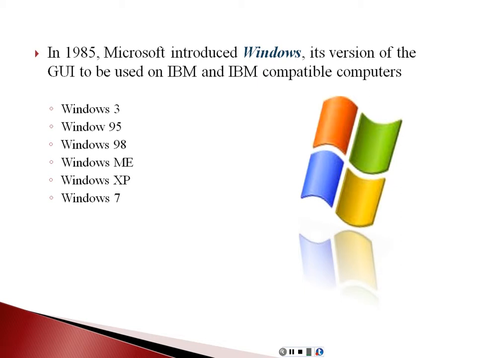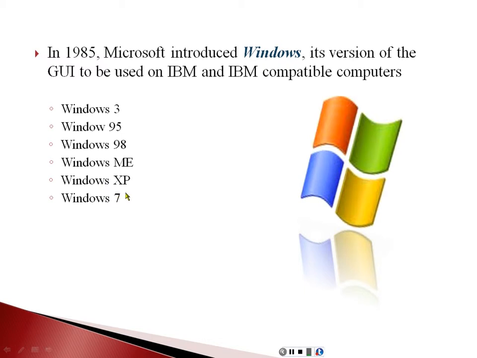And so in 85, Microsoft introduced Windows, and it's gone through a lot of revisions and a lot of different editions. Windows 3.1 was basically the first one that really caught on. It's nothing like it is now. Sometimes it was a little bit difficult to use, but it was wonderful compared to what we were used to using. We had Windows 95, 98, Millennium Edition, Windows 2000, Windows XP, Windows 7.